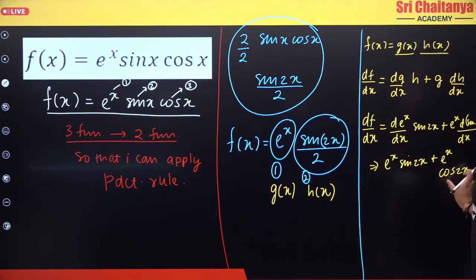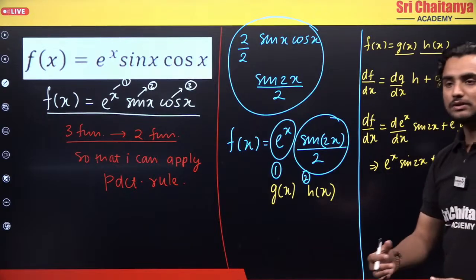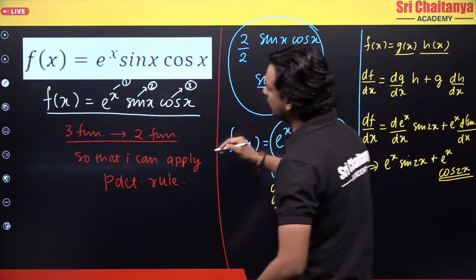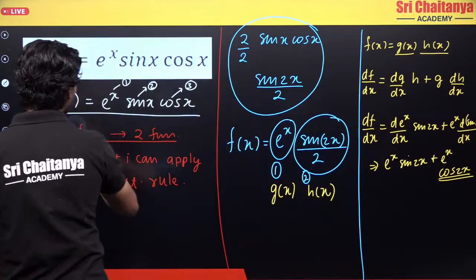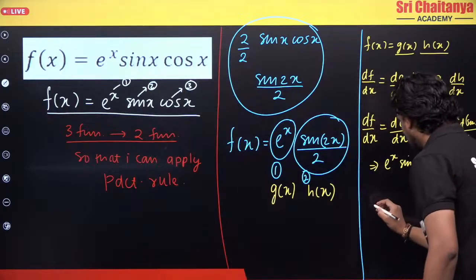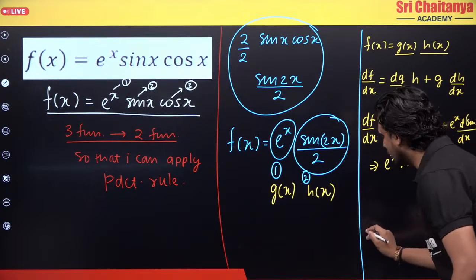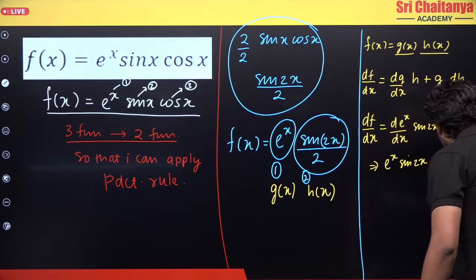Is this complete? No. What about this 2x? So there we should know that I cannot differentiate this just as cos 2x. Let's write the problem here.